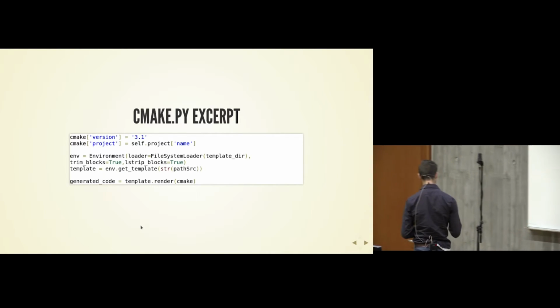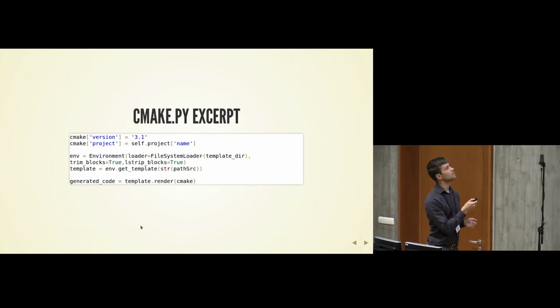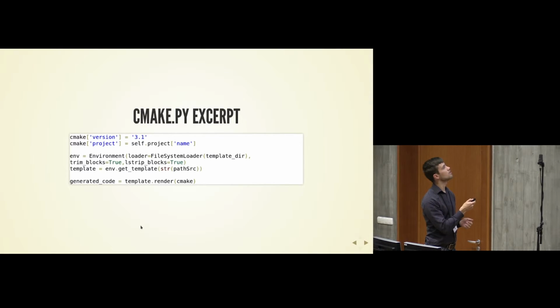That means I specify the template folder and some other options. Then I select the template inside the template folder. And then I pass the dictionary to the template and ask it to render the file.